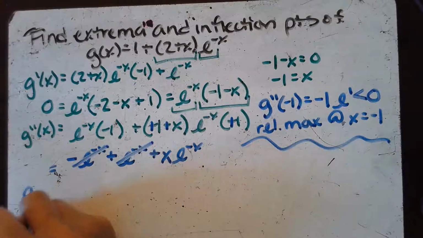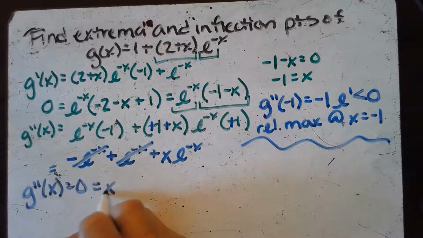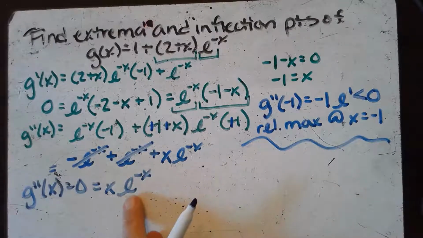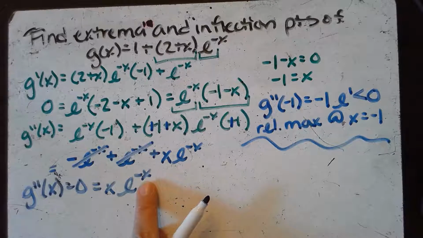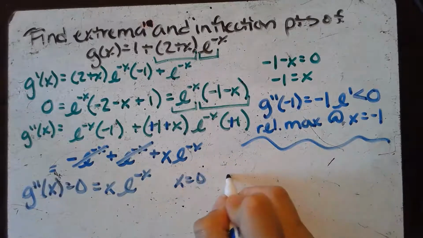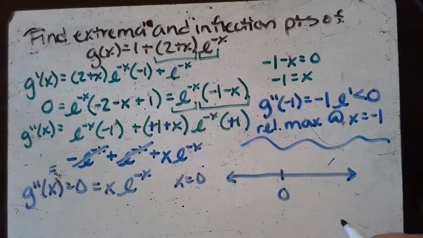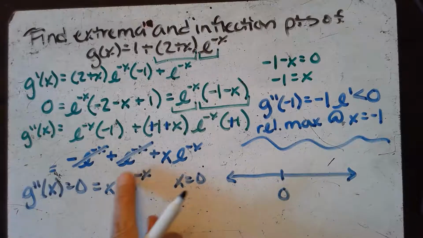All right, now let's move on. And inflection point, that's when this is set equal to 0. All right, so when I set this equal to 0, remember e to the negative x never goes to 0. Okay, but that's when x equals 0. But you can't stop there and say it's an inflection point. You got to see if it changes concavity. So if I plug in negative 1, think about it. That's always positive.